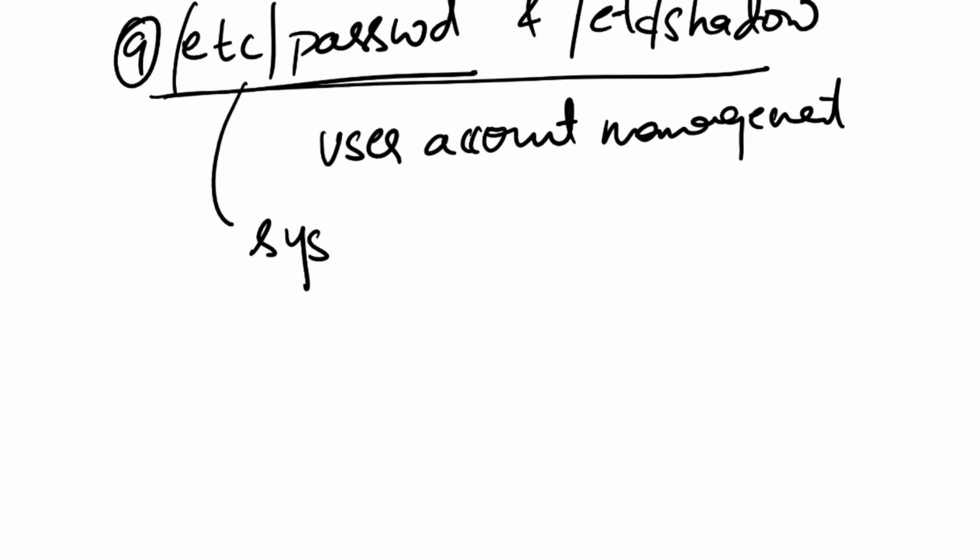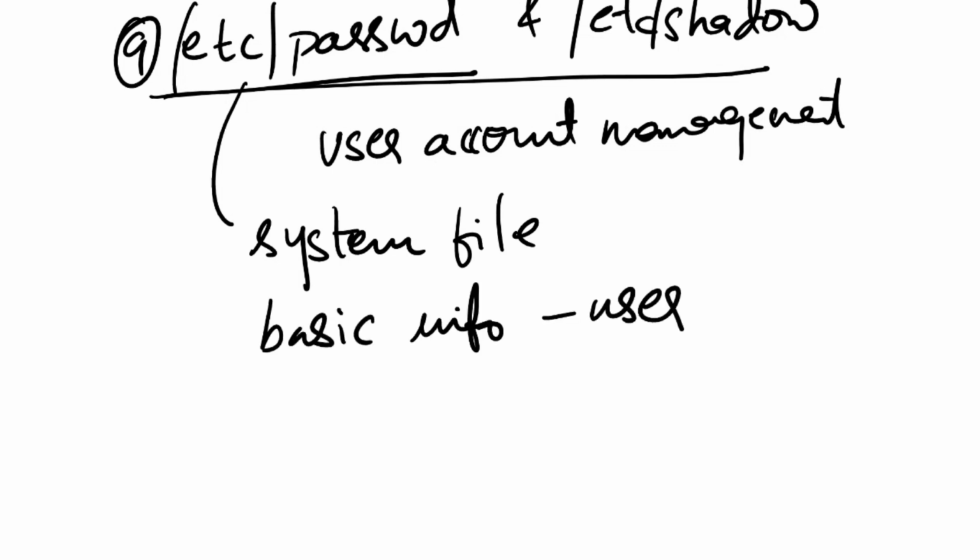This is a system file that stores basic information about user accounts on a Linux system. Each line in this file represents a user account and contains information such as the username, user ID, that is UID, group ID, GID, user's full name, home directory, and the default shell.